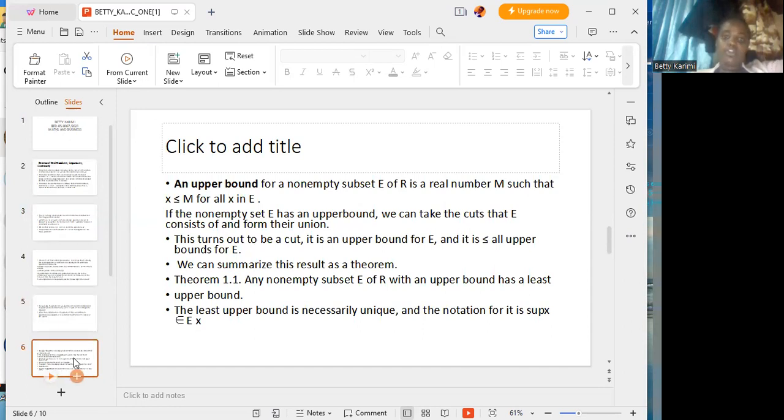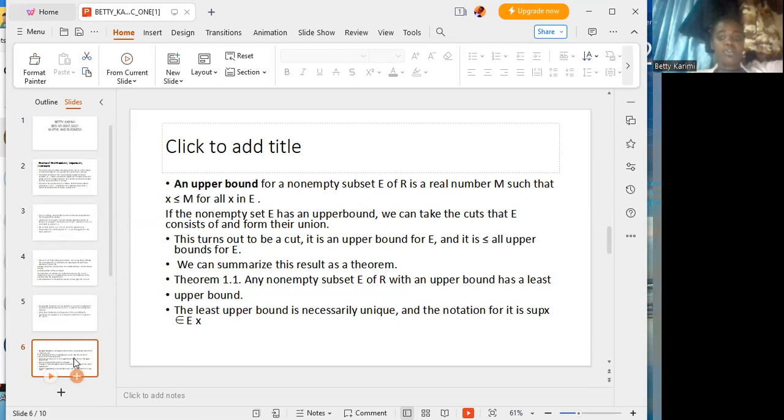An upper bound for a non-empty subset E of R is a real number M such that x is less than or equal to M for all x in E. If a non-empty set E has an upper bound, we can take the cuts that E consists of and form their union. This turns out to be a cut.